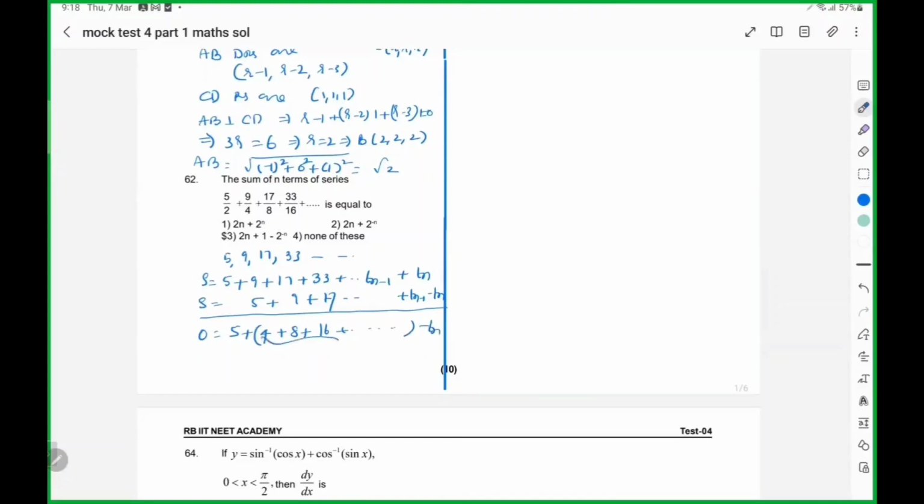From here to here you have n terms. Here to here you have n minus 1 terms. Sum of n minus 1 terms of a geometric progression. The ratio R here is 8 by 4, which is 2. 2 power n minus 1 by 2 minus 1, minus Tn.